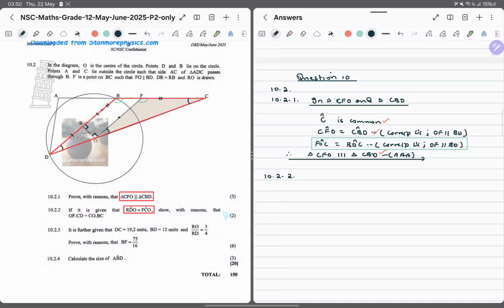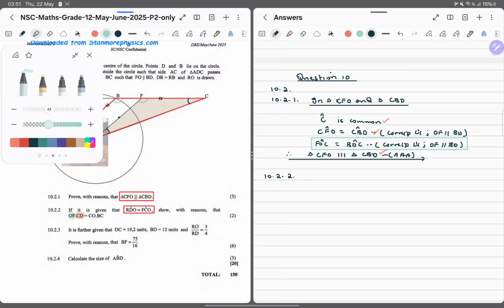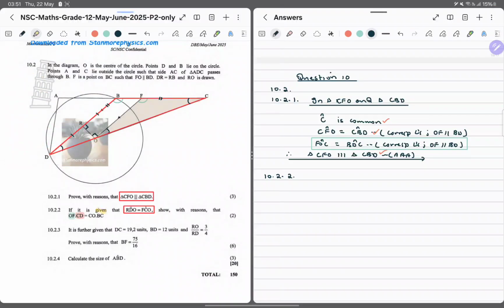Now it says show with reasons that OF. Now I always just look at what I have. Where is OF? It's part of the small triangle. CD is part of the big triangle. And CO is part of the small triangle.